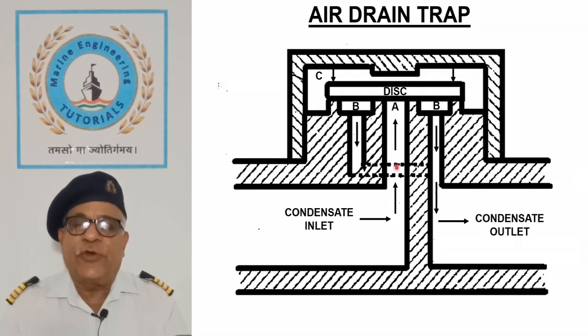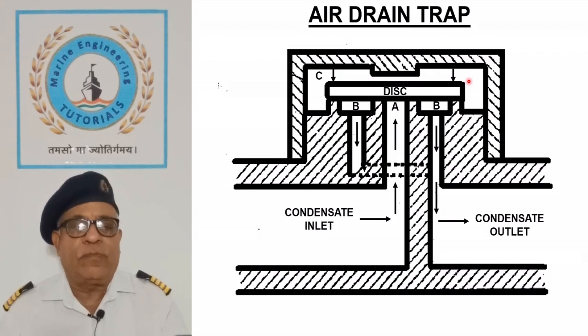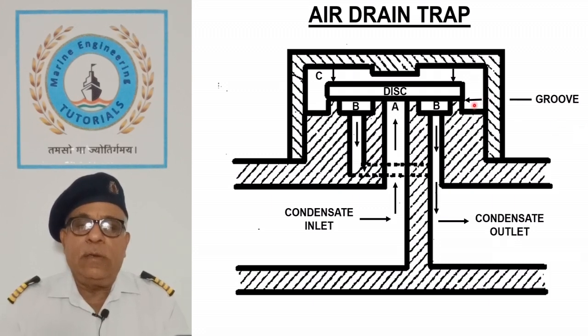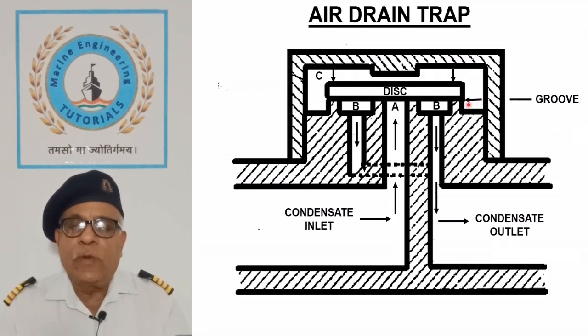When the condensate is drained and air starts flowing from A, it also reaches C and closes the disc under its pressure. For repeating the drain cycle, a small groove is made on the face which connects C to B, thereby releasing the air pressure from top of the disc.